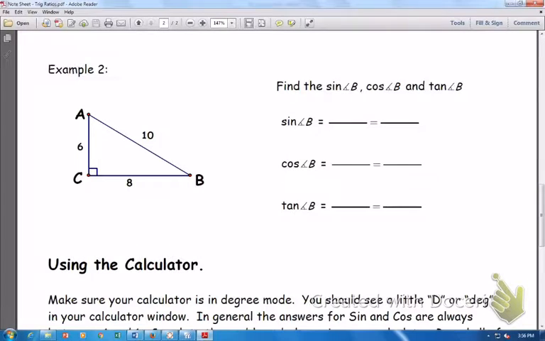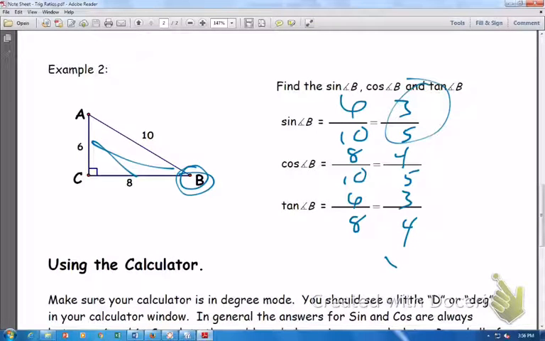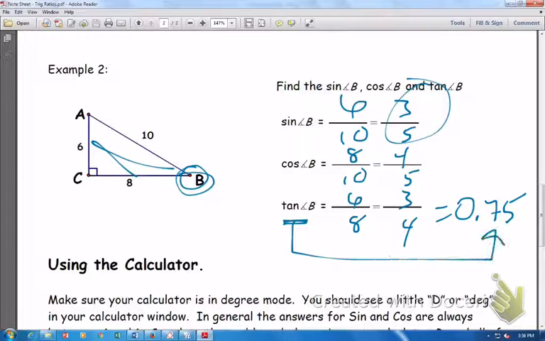If we go back to this, 3 over 4 is 0.75, right? If we divide it out. Now, whatever this angle B is, for that angle measure, the ratio of the opposite side compared to the adjacent side, which is tangent, will always be 0.75.